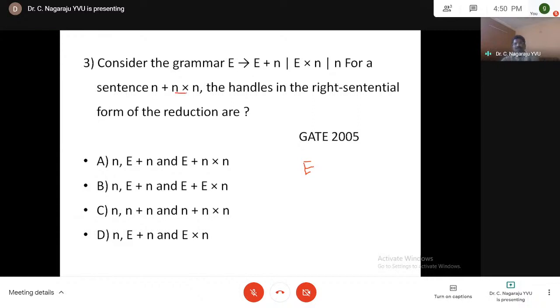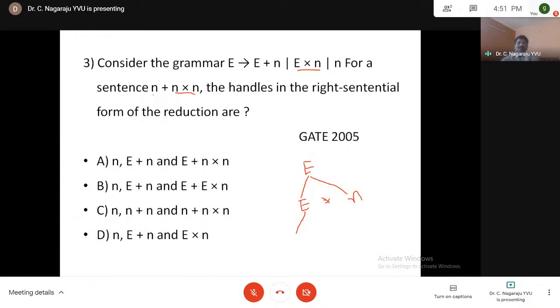Rightmost means first we consider these two. Then we can write this expression: E star N. After that E is replaced with N, and E can have the plus.